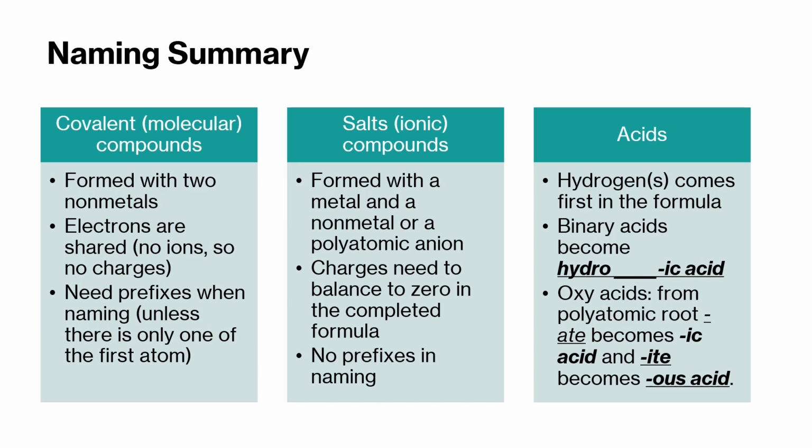To help you identify the type of molecule that you are working with, there will be a third column on that table in which you will have to tell me whether you're working with an acid, an ionic compound, or a molecular compound. By identifying the category of naming that you're using, that should help you understand the rules you have to apply.